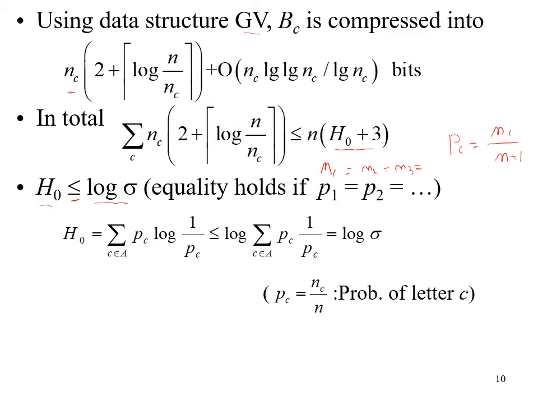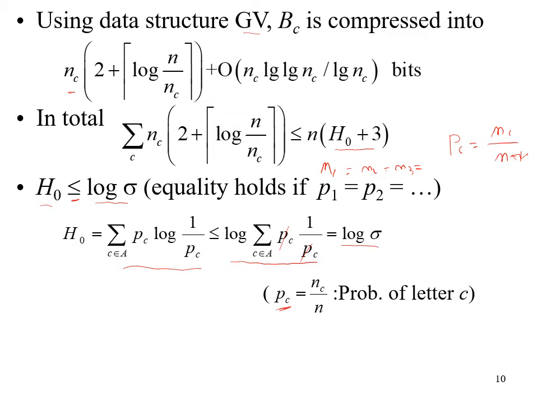Yeah, it's easy to prove that H0 is at most log sigma. Okay, so H0 is defined by this, the order 0 entropy, and from the concavity of the logarithm, we can obtain this upper bound. Then this is cancelled, so this is log sigma. Sorry, the definition is here.